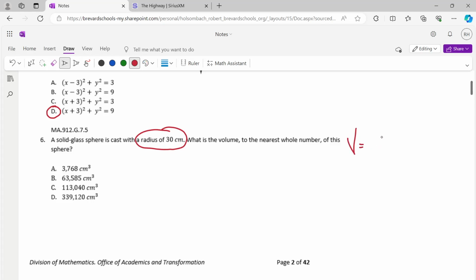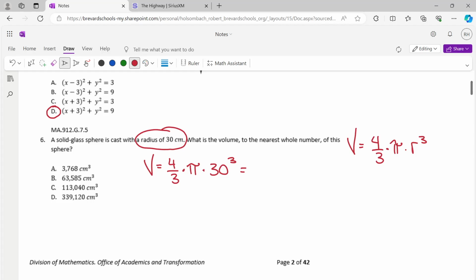It's equal to 4/3 times pi times the radius cubed. So this volume is equal to 4/3 times pi times 30 raised to the third. And 30 raised to the third is just 30 times 30 times 30.